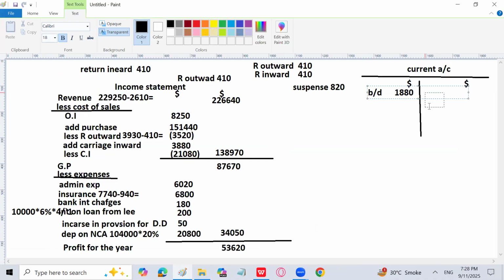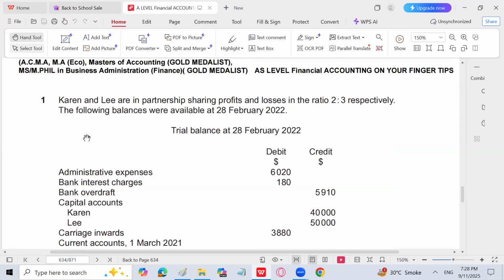Now profit share is going to be credited. We have a profit share. How much profit is going to be shared to Lee? 53620 into 3 by 5. That is 32172.